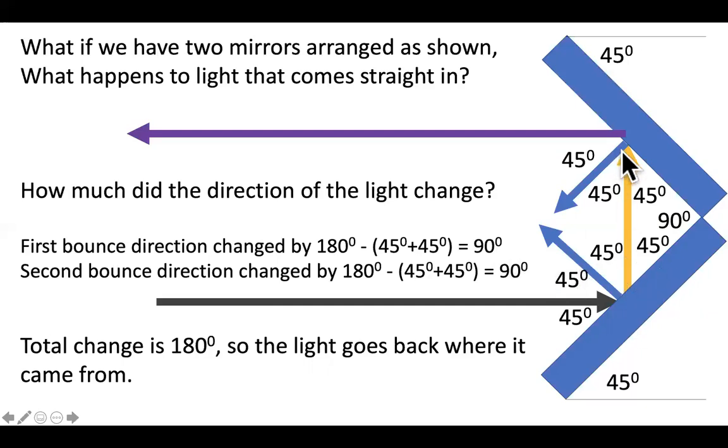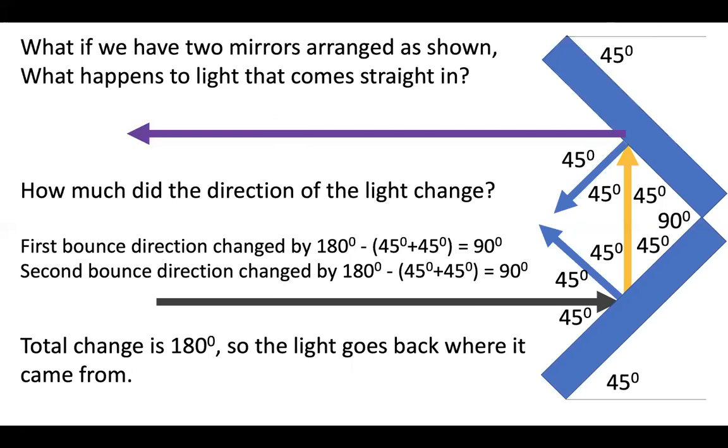We've bent the light by 90 degrees. The second bounce, the direction changed by the same amount. 180 degrees would be it going straight, but then we remove 45 degrees plus 45 degrees, which is 90 degrees, which gives you 90 degrees again. So each bounce changed the direction the light went by 90 degrees. So adding those together gives a total change of 180 degrees. So the light's going back where it came from.